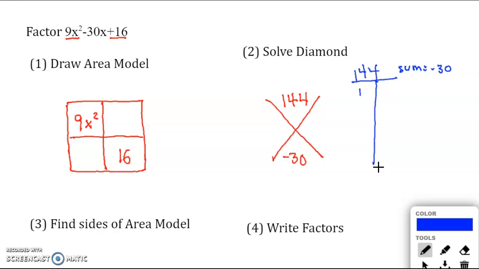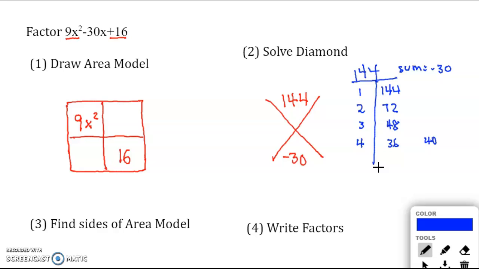So it could be 1 and 144, obviously the sum is not negative 30, or 2 and 72, not 30, 3 and 48. Okay, 4 and 36. If I add this, we're getting closer. 4 plus 36 is 40. We're getting close to 30, but not quite.